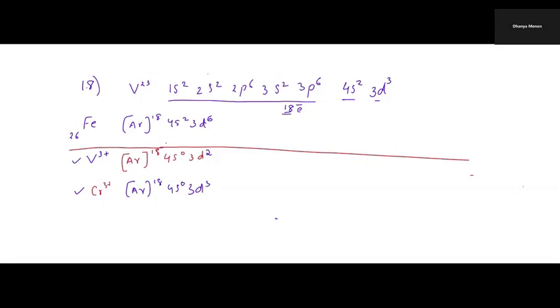The capacity of d is until 10. So we get this configuration, right?